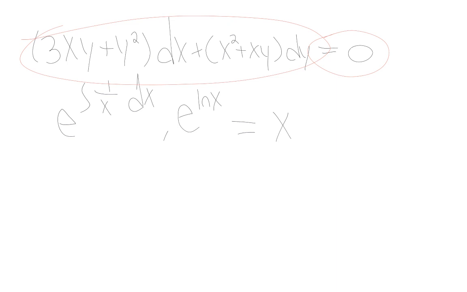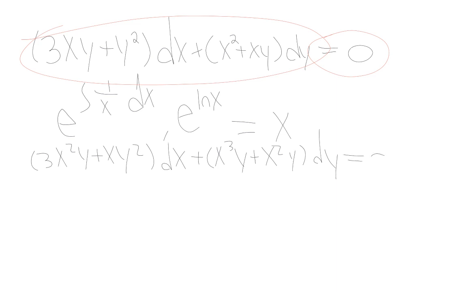After multiplying all of this by x, I get 3x squared y plus xy squared dx plus x cubed plus x squared y dy equals 0. And if the integrating factor method works, then this differential equation right here is exact.